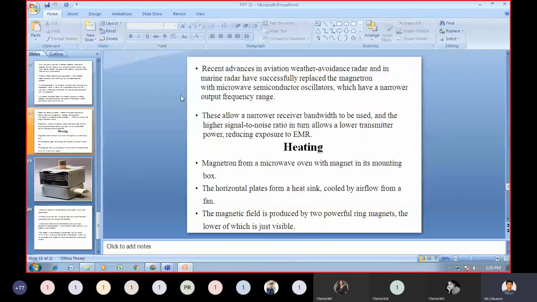Recent advances in aviation weather avoidance radar and in marine radar have successfully replaced the magnetron with microwave semiconductor oscillators, which have a narrower output frequency range.